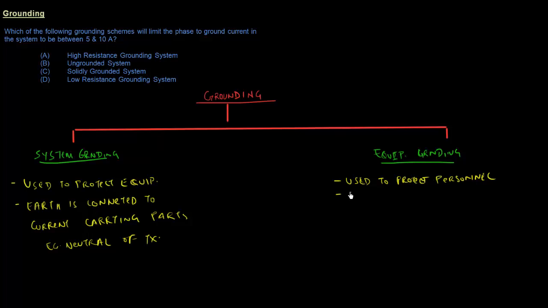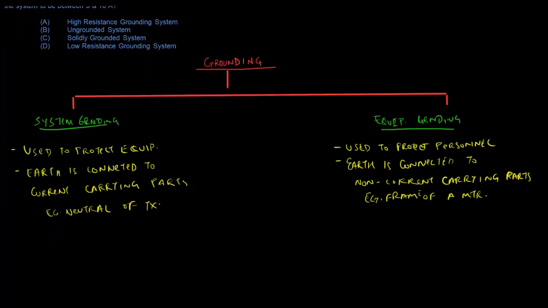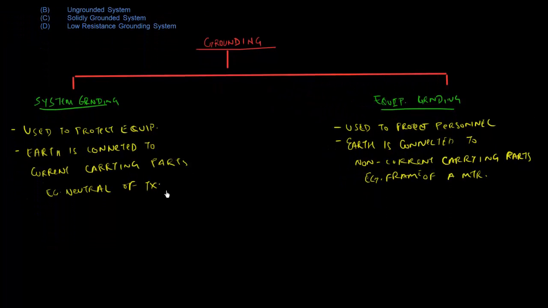Whereas with equipment grounding, the earth is connected to non current carrying paths, such as the frame of a motor. So when the frame of a motor is connected, that is generally used to provide equipment grounding, right? Whereas when the neutral of an equipment is connected, that's to provide the system grounding.